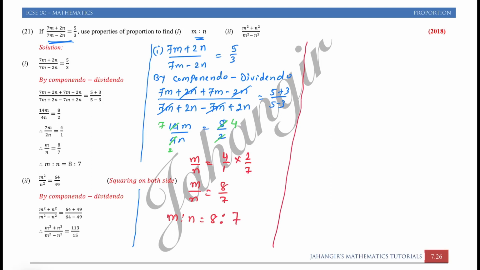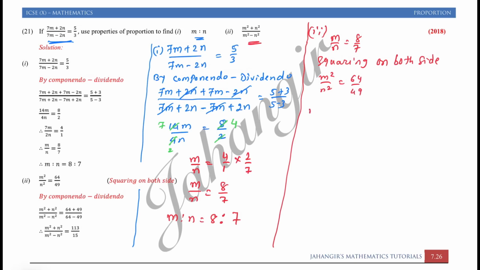Now B part, second part. In the second part we want the value of m square plus n square upon m square minus n square. So I can write m upon n is 8 by 7, squaring on both sides. So I can write m square upon n square is equal to 64 upon 49.